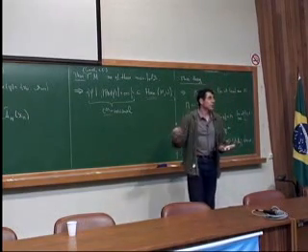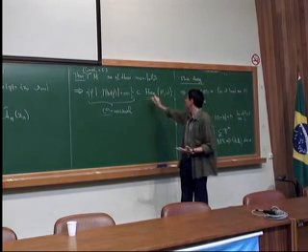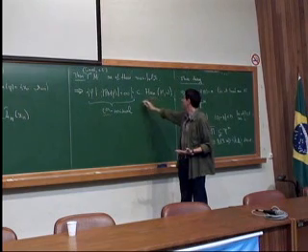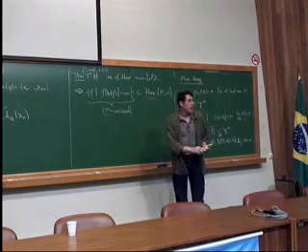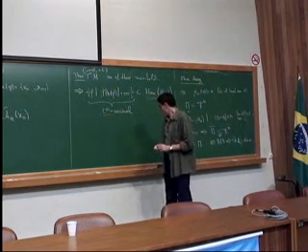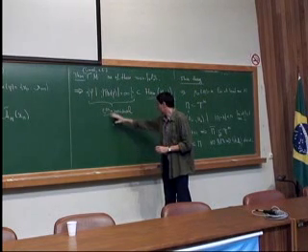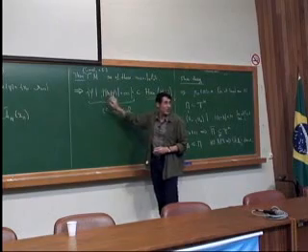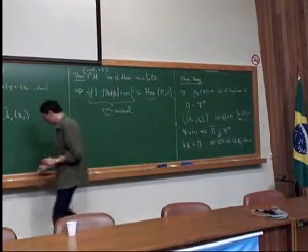It's known that the closing lemma breaks down completely in a very bad way when you replace C1 by a greater smoothness. And actually, it breaks down so badly that even this theorem breaks down.